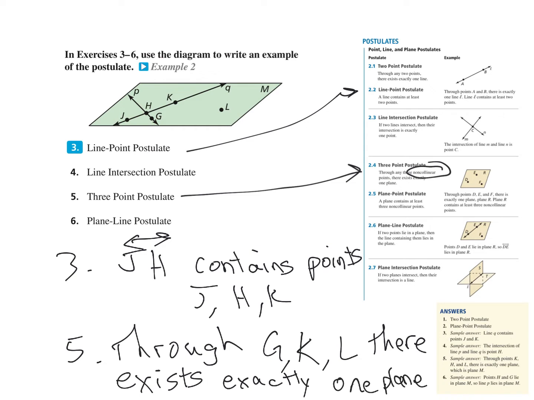Then you can look at the answer here for number 5, and they use 3 different letters. But notice that J, K, and L are not 3 points that are on the same line. Two of them could be on the same line, but one of them has to be on a different line. All right, let's go on. And again, you have the evens there that can help you.